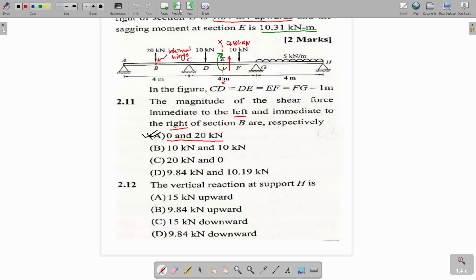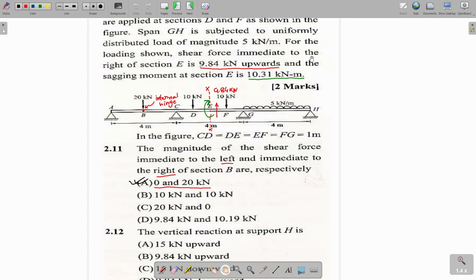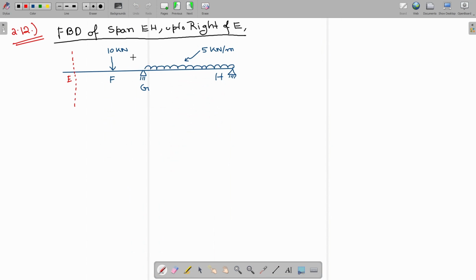Now in the question, what is given to us is that immediate to the right of section E is 9.84 kilonewton upward. This point is important. So we can write like this. Immediate to the right, the shear force is acting like this.